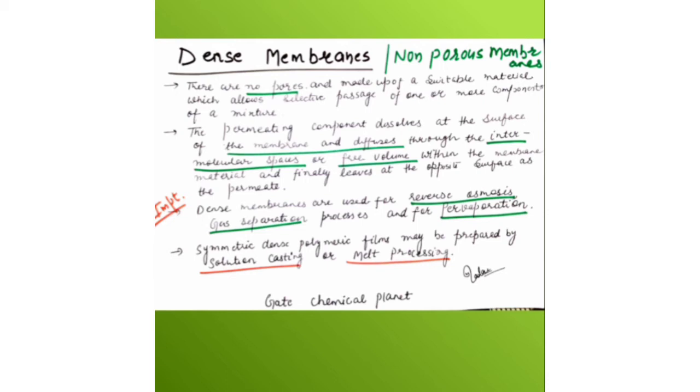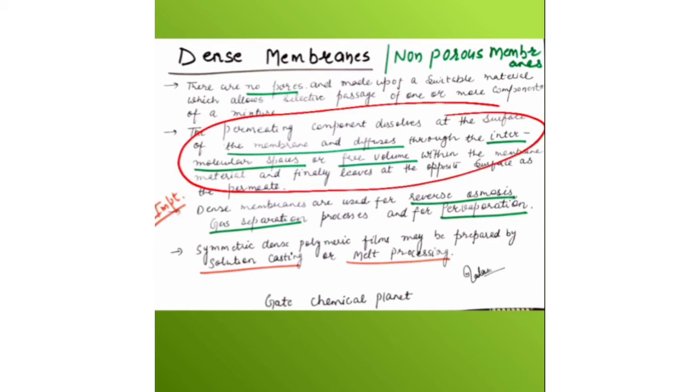The permeating component dissolves at the surface of the membrane and diffuses through the intermolecular spaces or free volume within the membrane material and finally leaves at the opposite surface as a permeate. So this is the functioning of dense membrane. Dense membranes are used for reverse osmosis, gas separation processes and for pervaporation processes. So it is very important for your exam purpose.